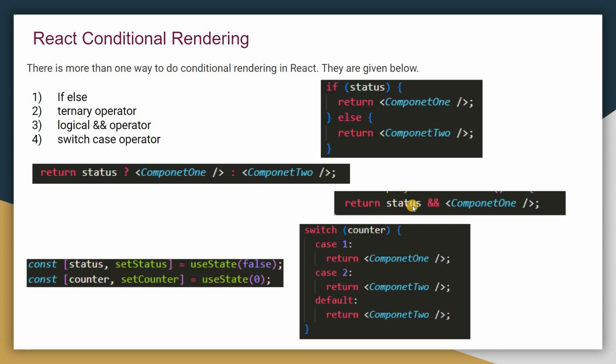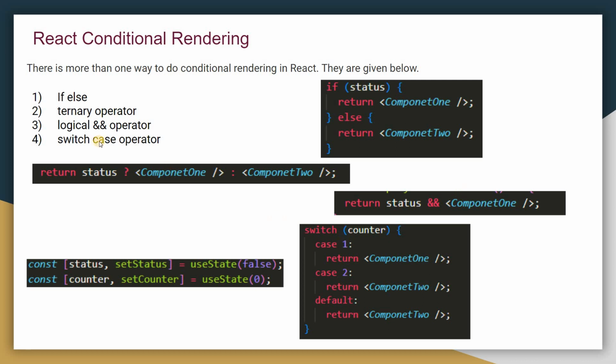If the status is false, then we are not displaying anything, because only if the status is true do we go ahead and display component 1. If the status value is false, we are not displaying any component here. So this is the third way: using the logical AND operator, we can display our React component.